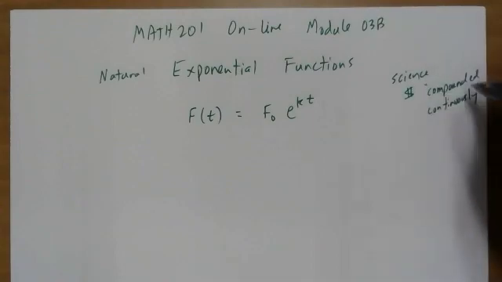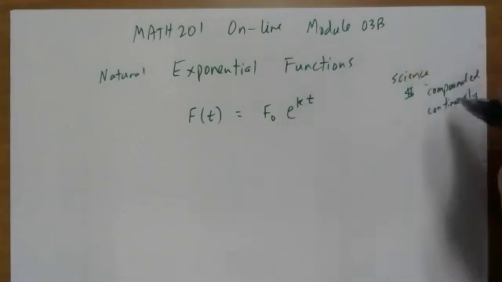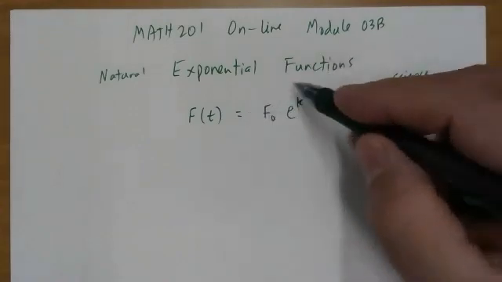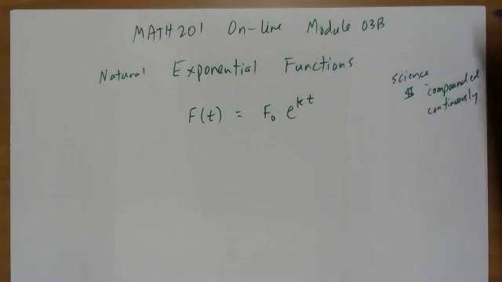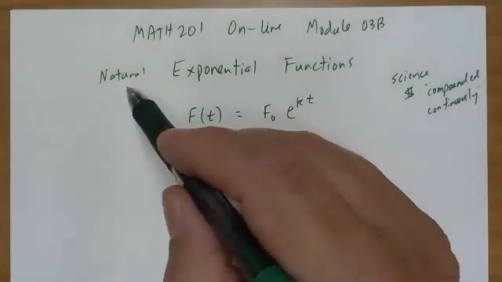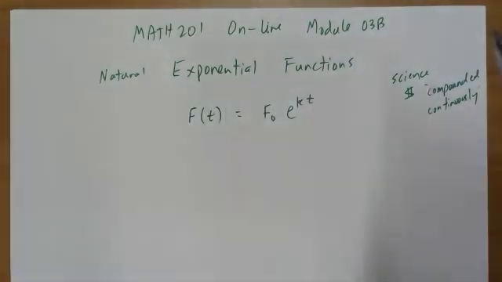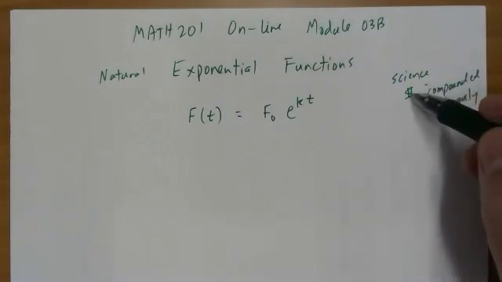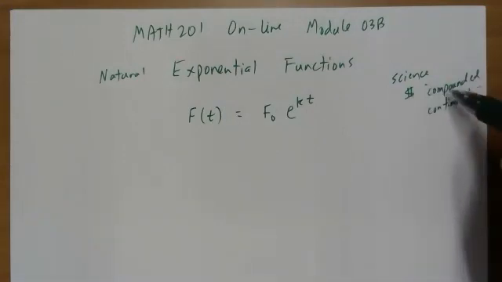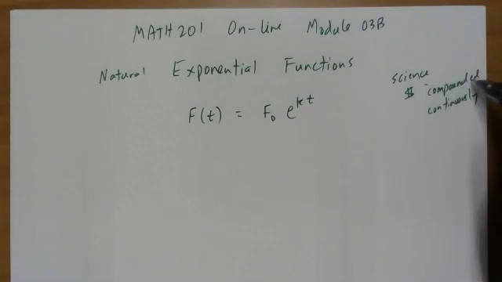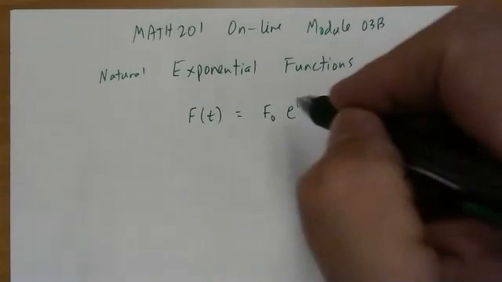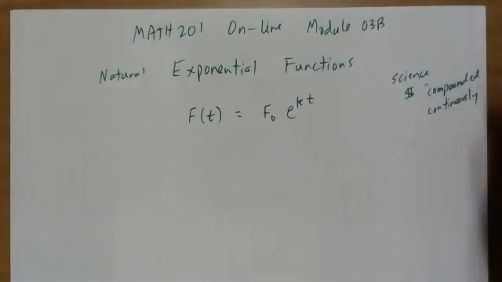Those are key words, because when they use those words, they're telling you the equation you're going to use is a natural exponential function. Sometimes they will say it's a natural exponential function, but a lot of times with money problems, they'll just say the money is compounded continuously. Well, this is code for saying this is the kind of equation you're going to use to solve the problem.